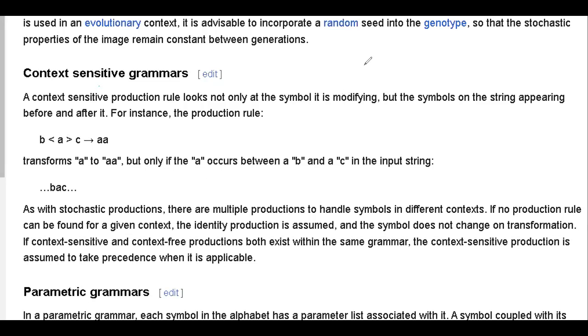All right, so this is your word, say b, like this.